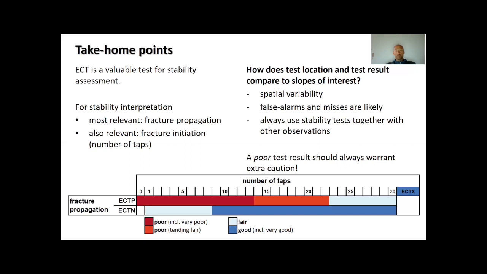This means that we should never rely only on a stability test for our assessment, but we should include all other pieces of information and observations which we make during the day. As a very short conclusion, I would suggest that if we observe a poor test result, that should be an indication that extra caution is necessary when we travel in similar slopes in avalanche terrain.